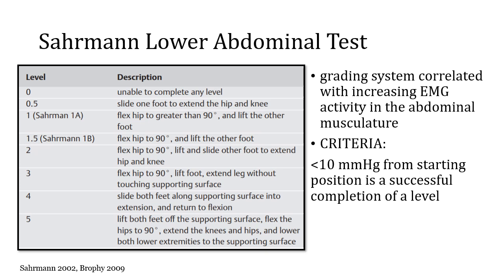Criteria for sufficiently passing a particular level would be less than 10 millimeters of mercury fluctuation with the Chattanooga biofeedback pressure cuff that is located in the small of the low back, right in the lordosis, just above the PSIS.